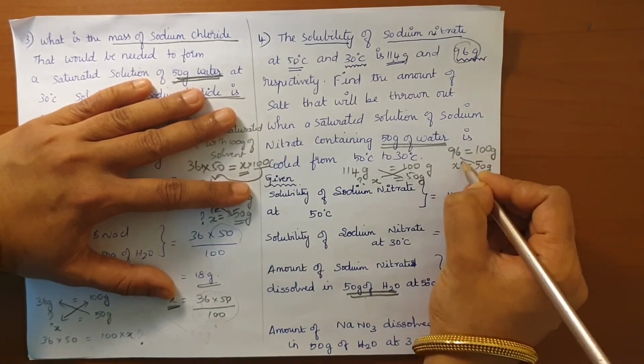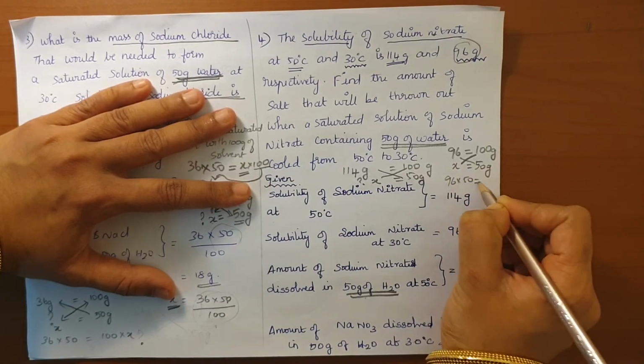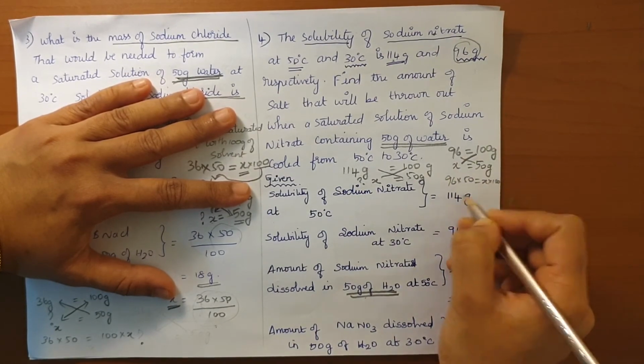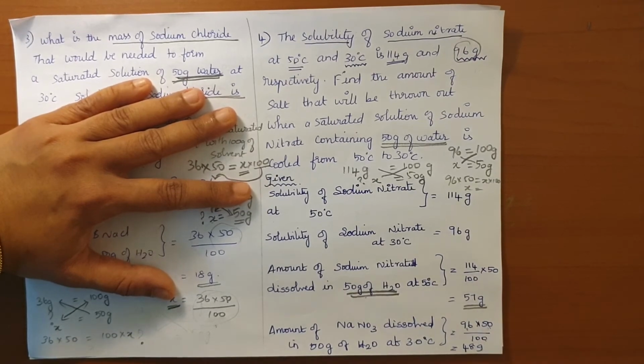Just cross multiply. 96 into 50 is equal to x into 100. So x will be 96 into 50 divided by 100. If I calculate, the answer will be 48 grams.